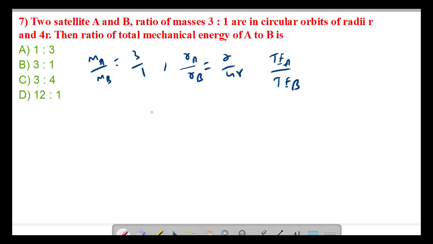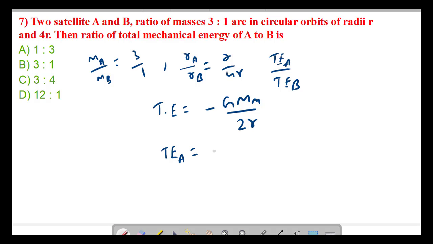Now as we know, the equation for total energy is equal to minus GMm upon 2R. G is a constant, M is the mass of the planet on which these two satellites are orbiting, small m is the mass of the satellite, and r is the radius of the circular orbits in which the satellites are orbiting. Now what is TEA?